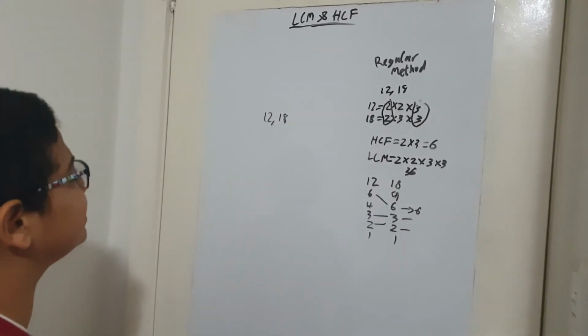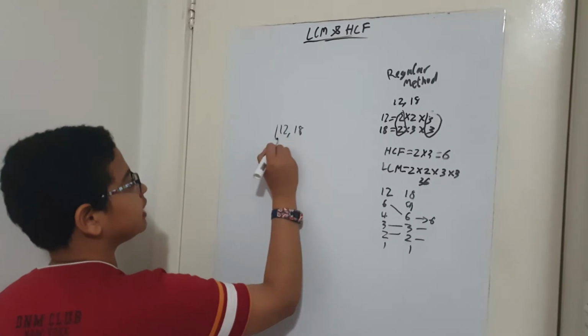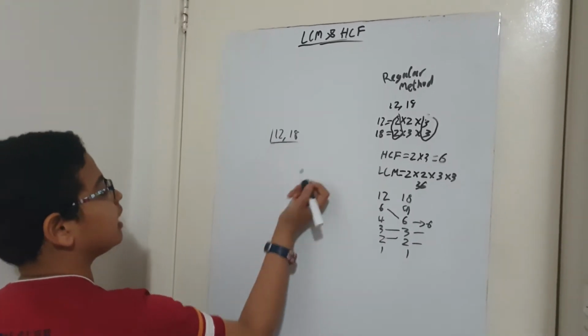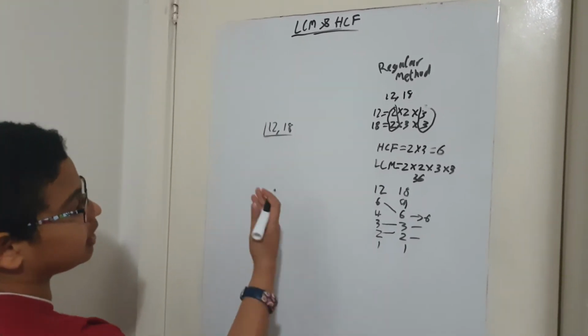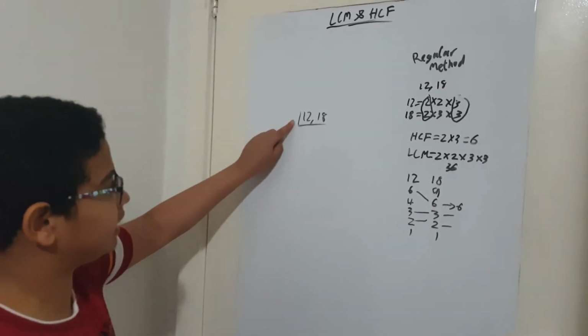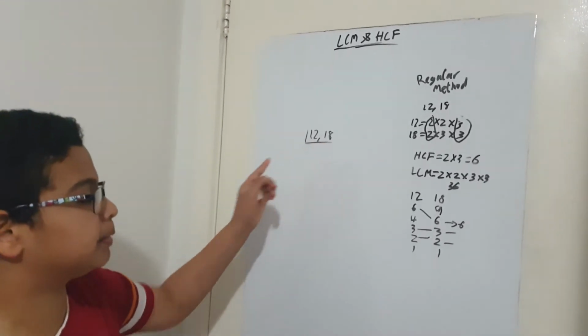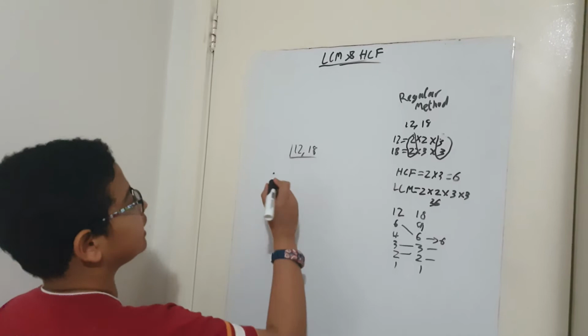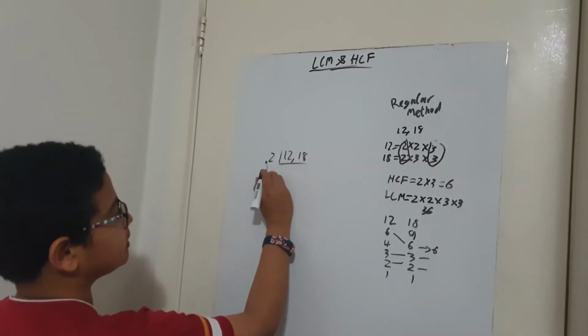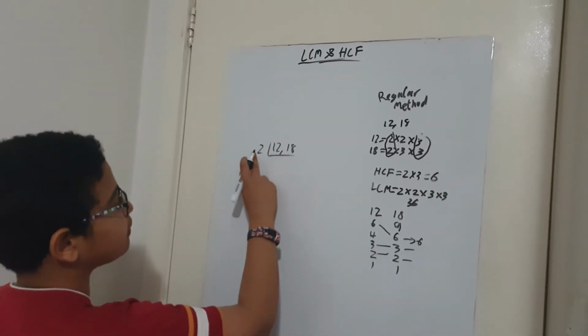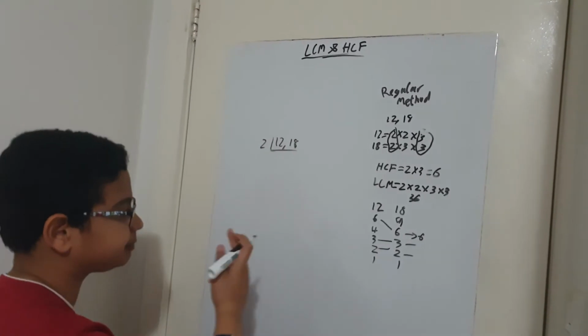Then you draw a line like this, and you write here a number that is common in both 12 and 18, like 2, because 2 is a factor in both 12 and 18.